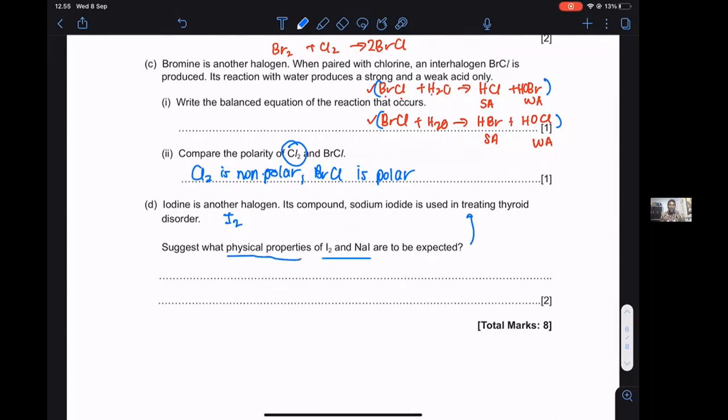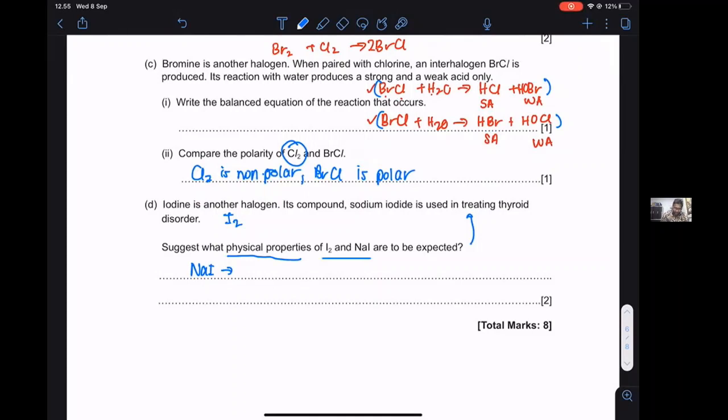So if you're talking about NaI, maybe high melting point. They do not conduct electricity when solid, but in molten, yes, and in aqueous, yes.